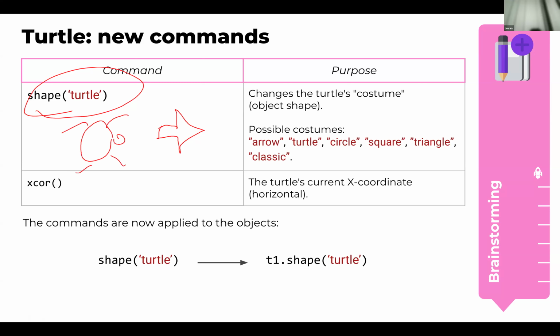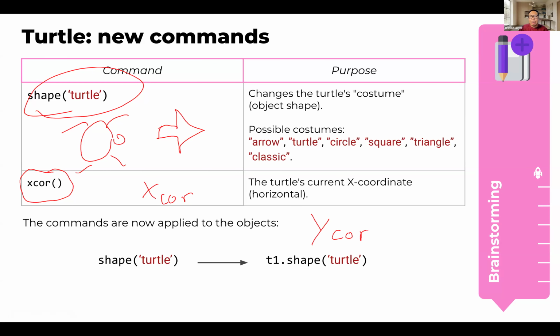Okay. And then the next function is the coordinate function. Here we're going to learn about xcor and ycor. Even though it's not mentioned, I will just tell you about it.